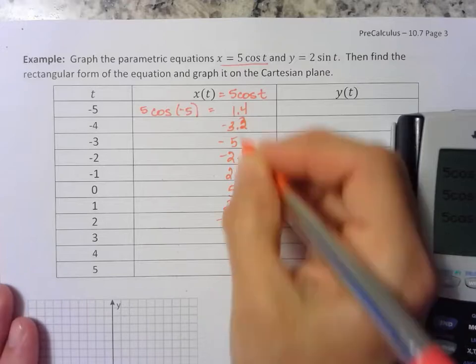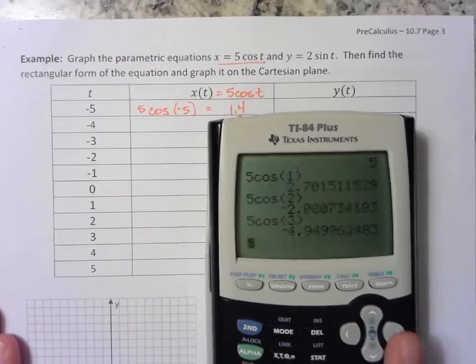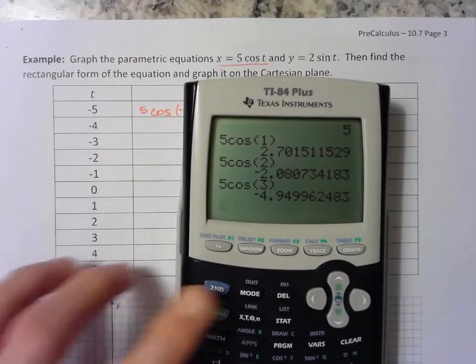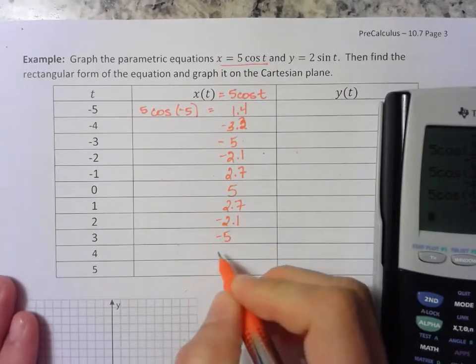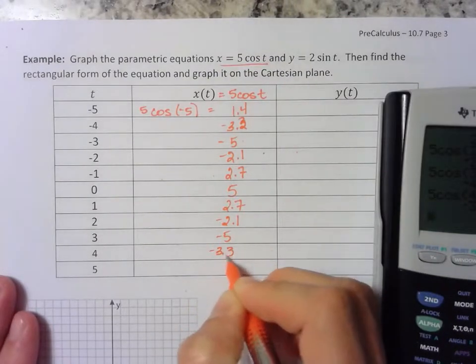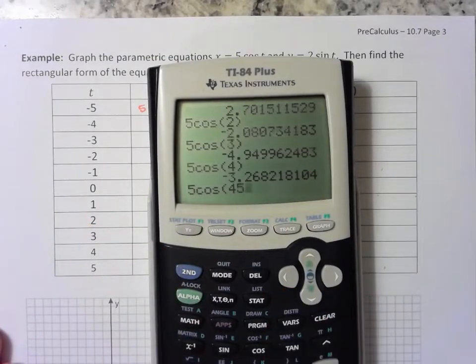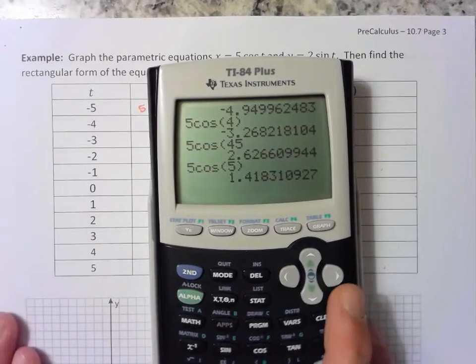Looks like we're just going back up this line here. Negative 5 again, or negative 4.9. Negative 3.3. And 1.4.